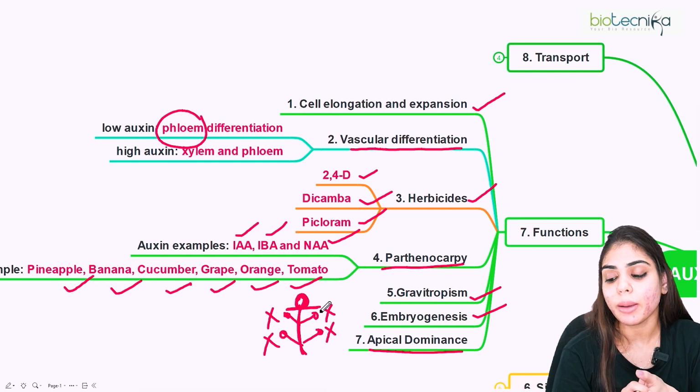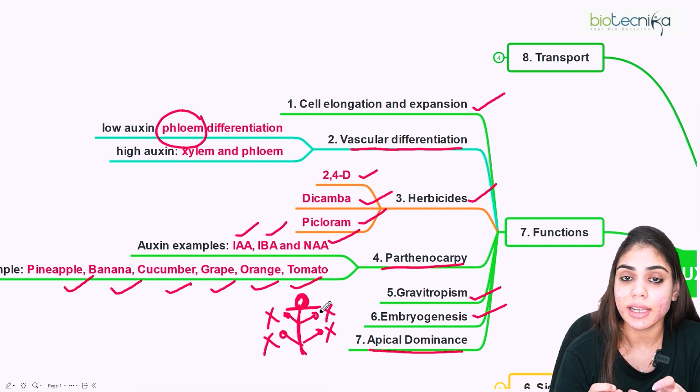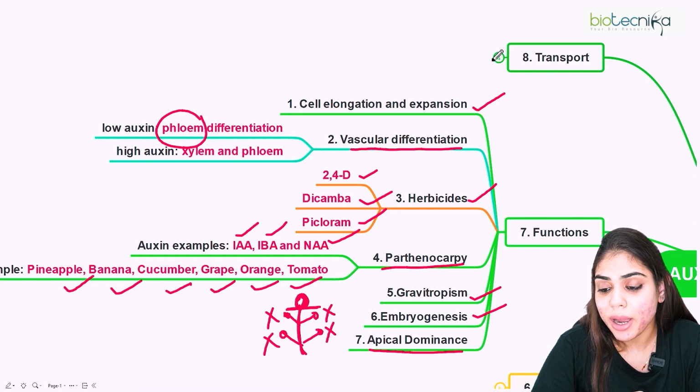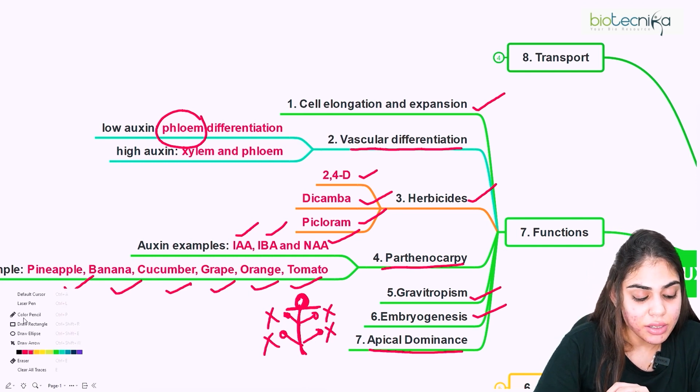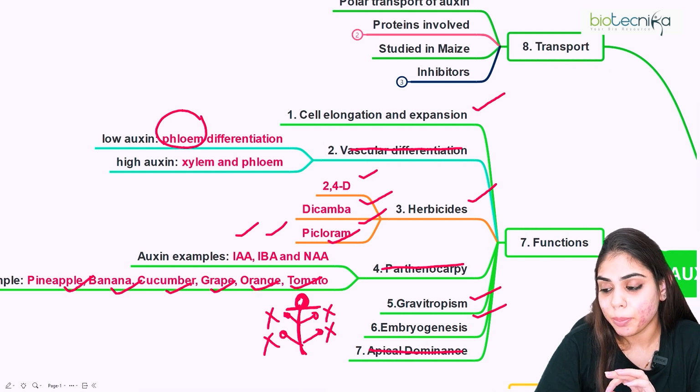So this is all about the functions of the auxin phytohormone, where we have seen cell elongation and expansion, vascular differentiation, how it is acting as a herbicide, parthenocarpy, gravitropism, embryogenesis as well as apical dominance. So the last part is the transport of this auxin phytohormone. How is auxin transported in the plant cell?